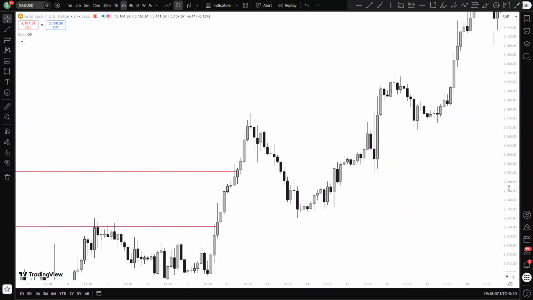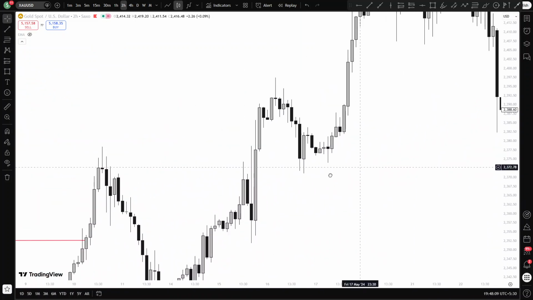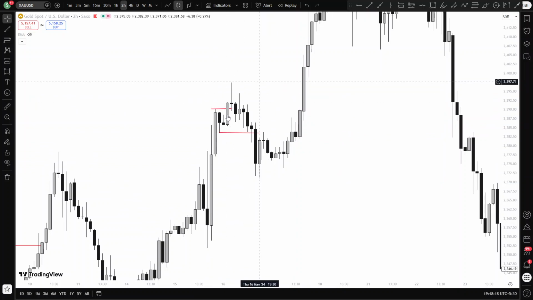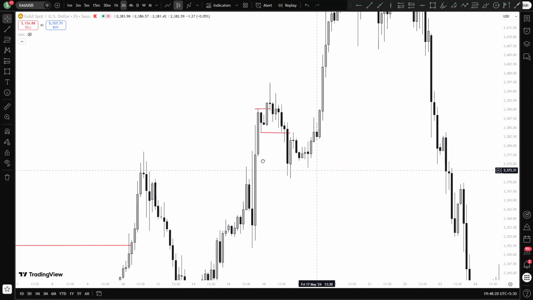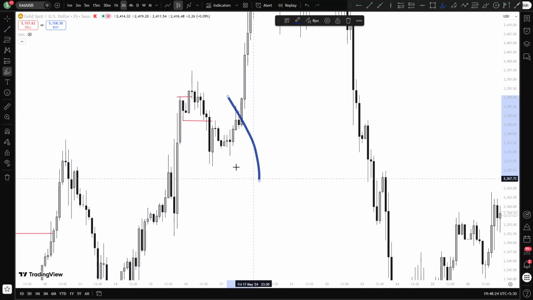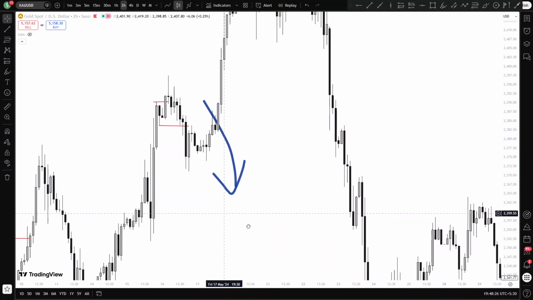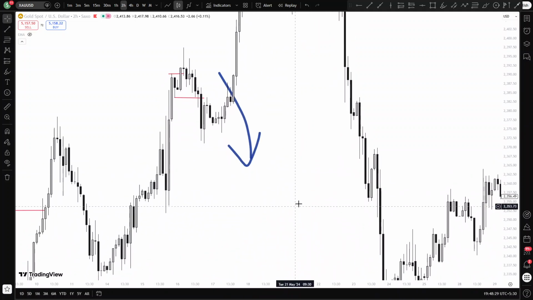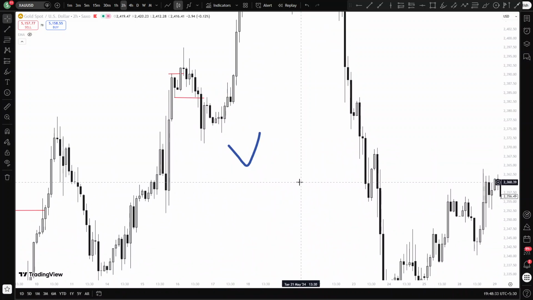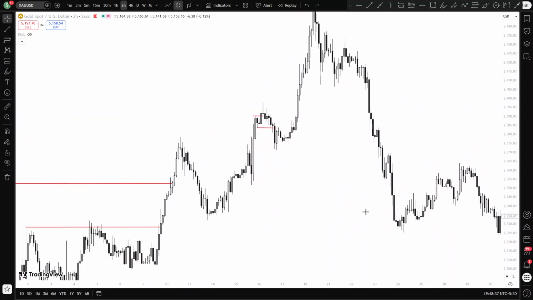One, the market is supposed to give me a liquidity sweep, just like the way the market gave me this liquidity sweep here, showing me that it has this strong high. After that, I have to make sure that the market gives me a pullback to the 50%. If the market does not give me a pullback to the 50%, I'm not going to mark that point as my strong high or as my high.